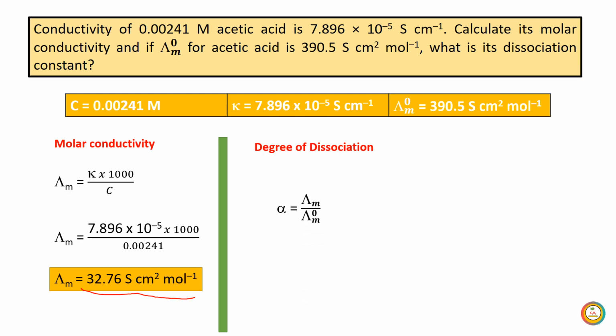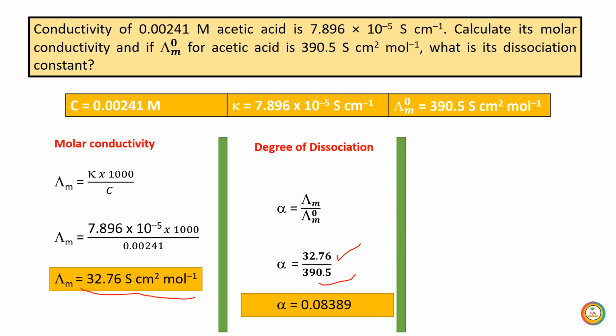According to the formula, alpha is equal to lambda m by lambda m0. Lambda m, we recently found, is 32.76. Lambda m0 value is given as 390.5. By calculation, the alpha is 0.08389. This is the degree of dissociation.